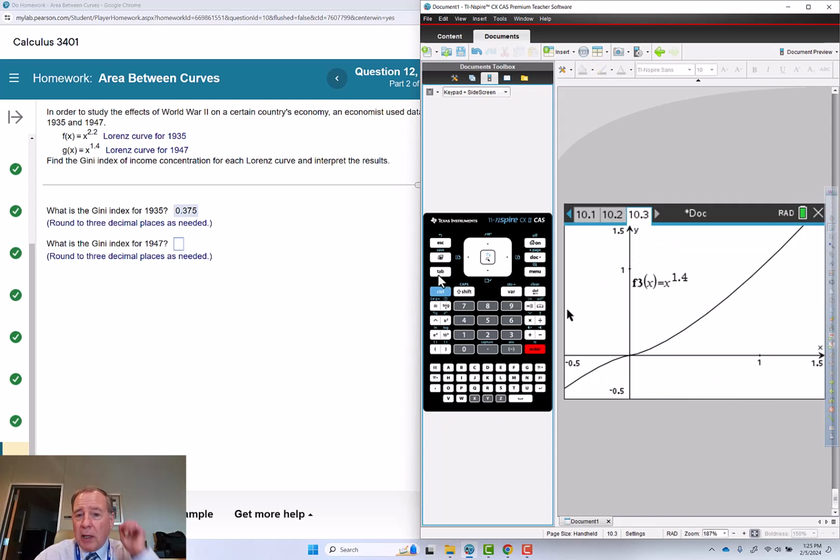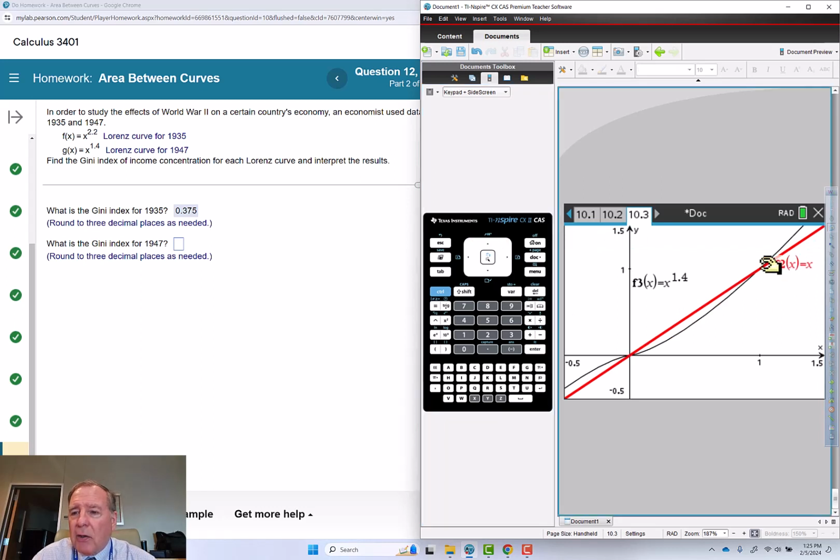And then we actually do have y equals x here. So we're looking at the area between here and here and multiply by 2.